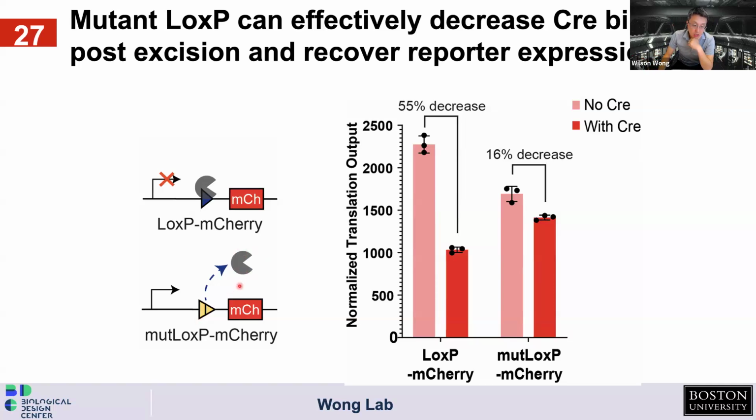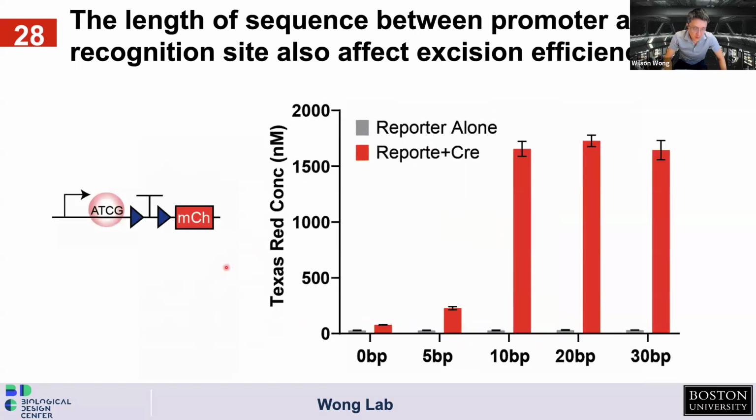So we thought maybe we can do something. There's a mutant lox site. You could engineer a pair of wild type LoxP and a mutant LoxP site. When it recombines, it forms this weird LoxP site that binds to Cre at a lower affinity.